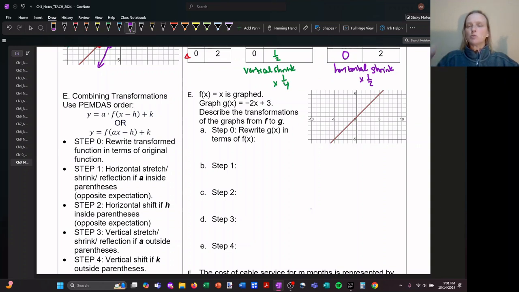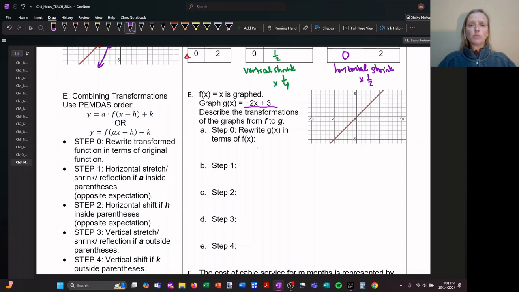Then any exponents, which we don't see yet in linear equations, then any multiplication or division, and then any addition, subtraction. So here we have a graph of f of x equals x, kind of the parent linear function here. And they want us to graph this equation, which has a multiplication component to it and an addition component to it.